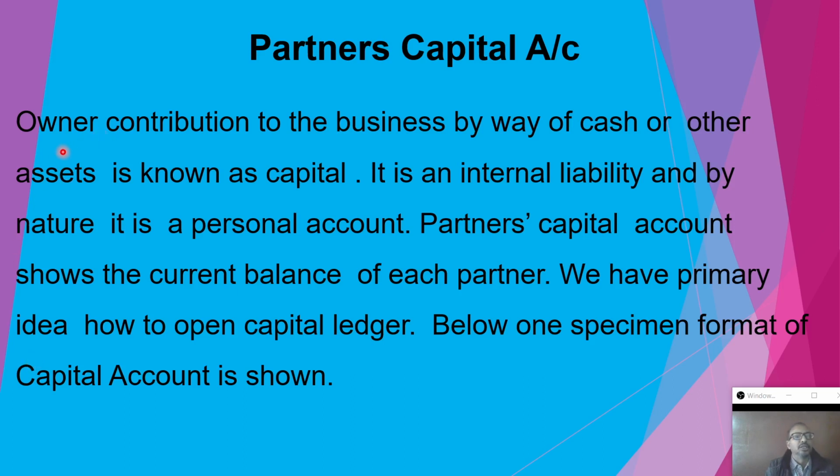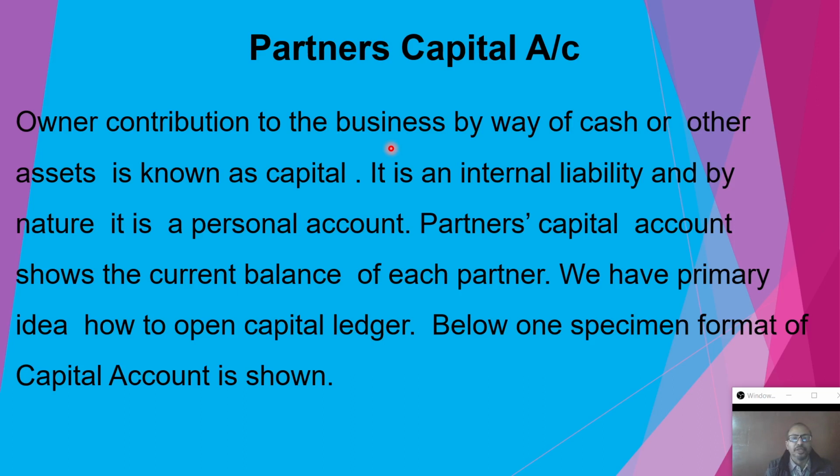So once again, owner contribution to the business by way of cash or any other asset is known as a partner's capital account. Like cash contributed as capital, building contributed as capital, stock contributed as capital, or any other asset can be contributed as capital.